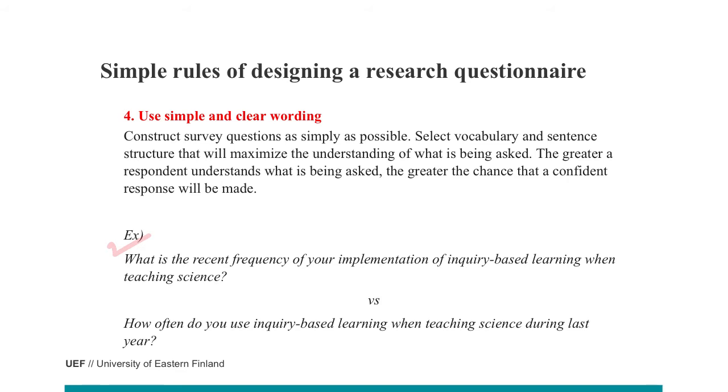But if you use something like, what is the recent frequency of your implementation of inquiries when teaching science, words like implementation frequency may not be really familiar or friendly to the respondent. So instead, you can use something like, how often do you use inquiry when teaching science during the last years.